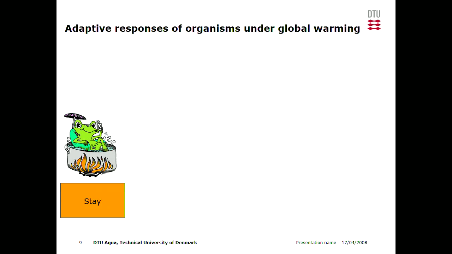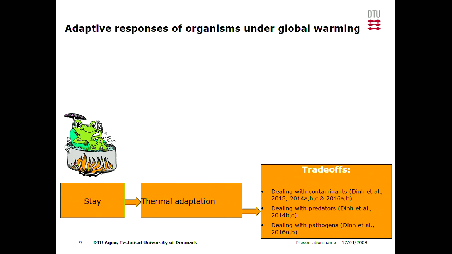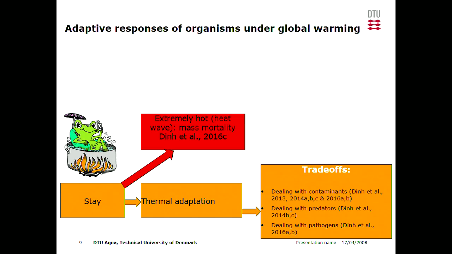They can do nothing, just be there, enjoying the warmth. To do so, they have to develop thermal adaptations, but my argument is that if they invest more in something, they will have less energy for something else. Then how will they deal with the contaminants? And if it continues to get warmer, over the tipping point, they may die unhappily. Or they might choose to disperse.